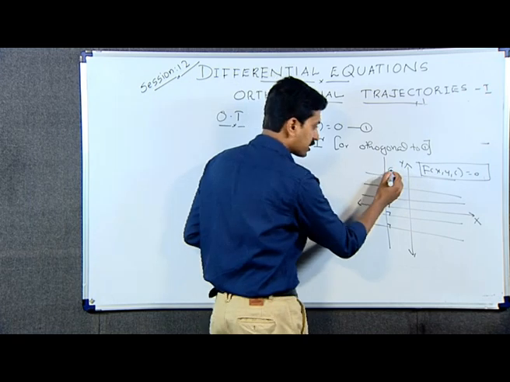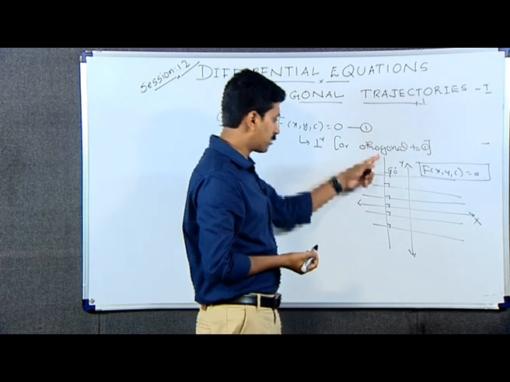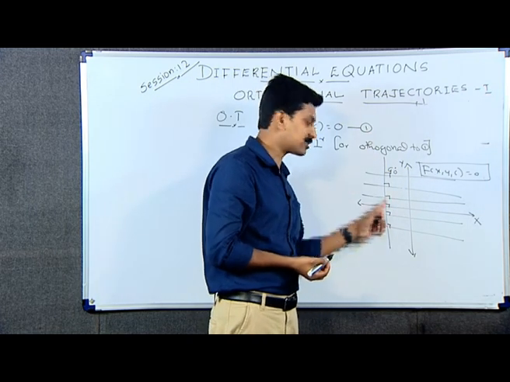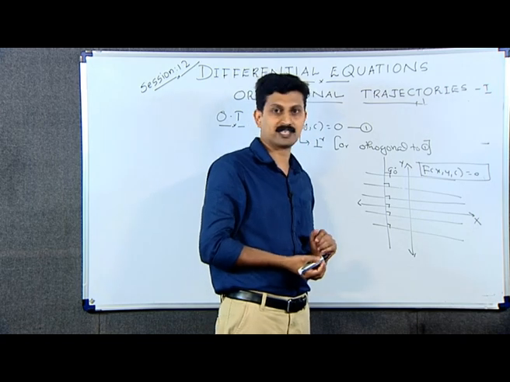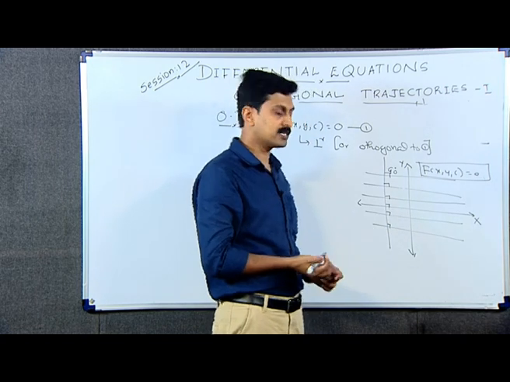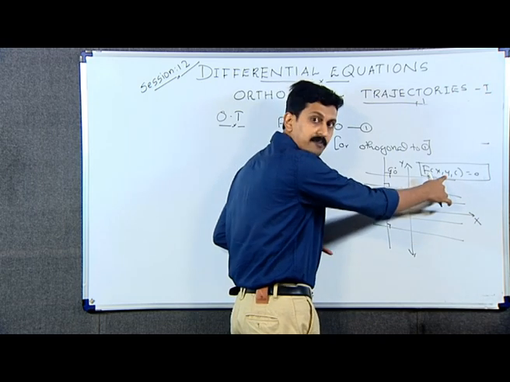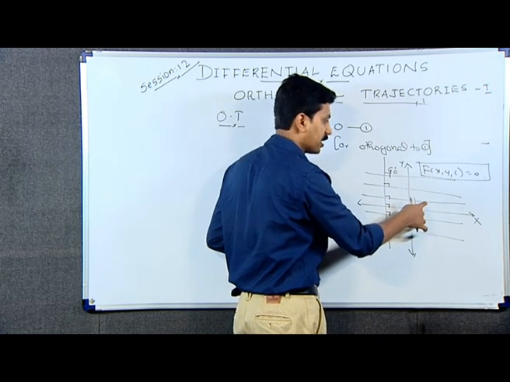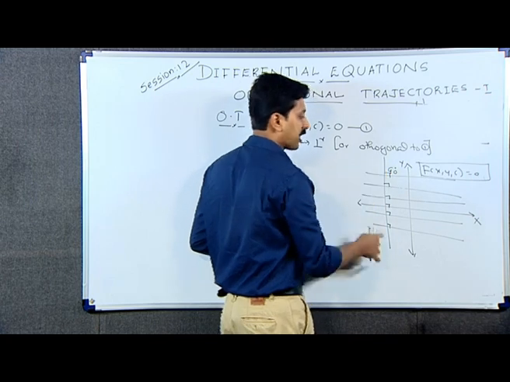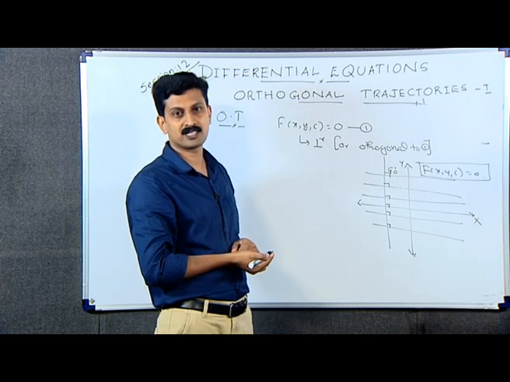So, we can say that. What about this line? This line is a straight line parallel to the y axis. So, we can say that the orthogonal trajectories of the family of straight lines parallel to the x axis are the lines which are parallel to the y axis.